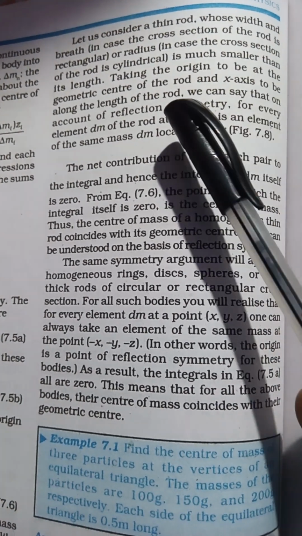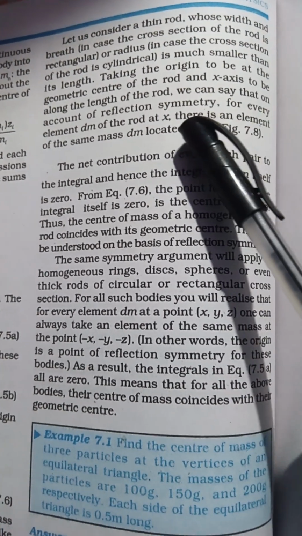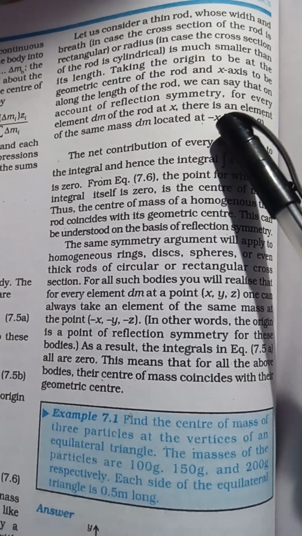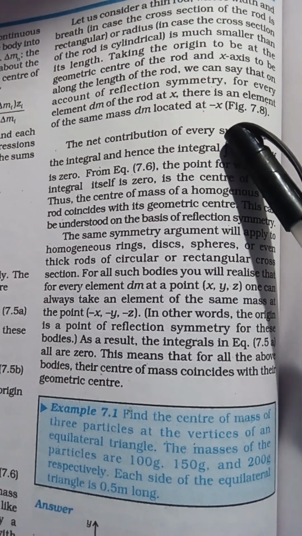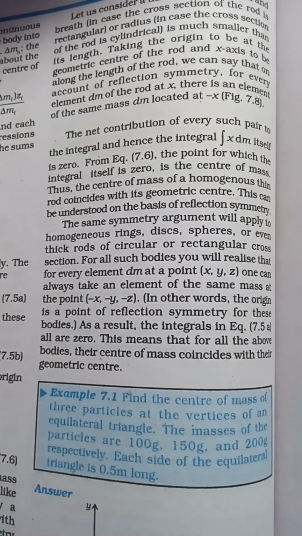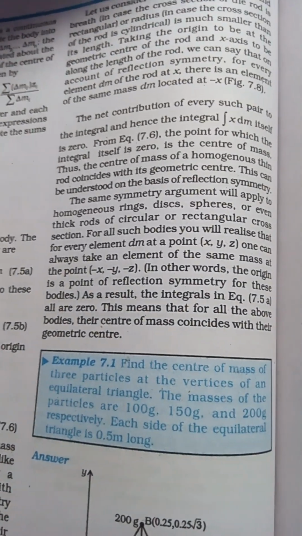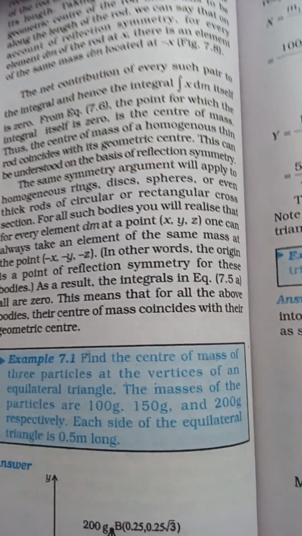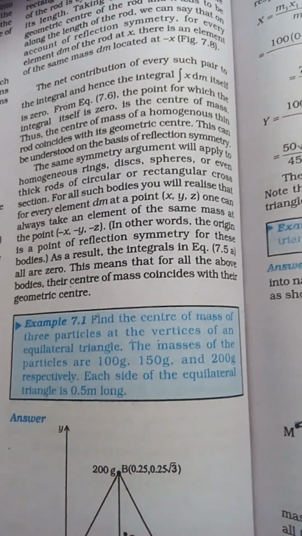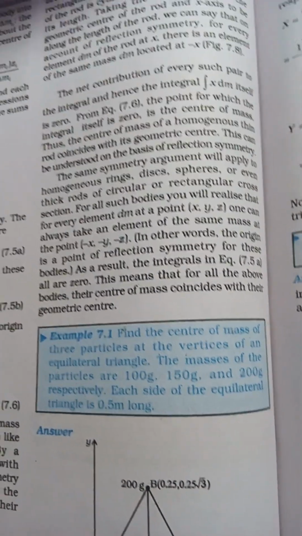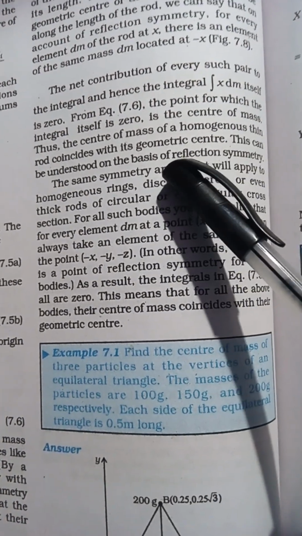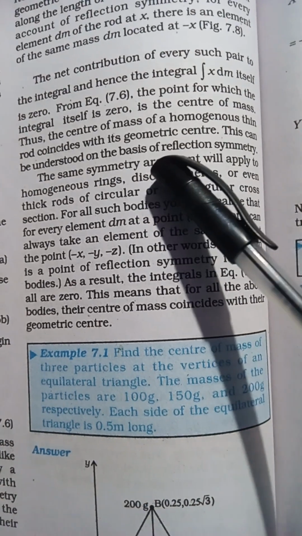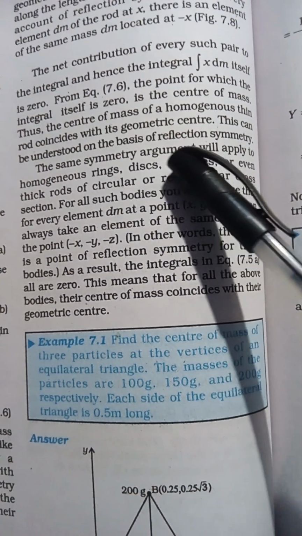Taking the origin to be the geometric center of the rod and the x-axis to be along its length, we can use reflection symmetry: for every element at x there is an element of the same mass at minus x. The net contribution of every such pair to the integral is 0, hence the integral itself is 0 at the center of mass. Thus the center of mass of a homogeneous thin rod coincides with its geometric center.